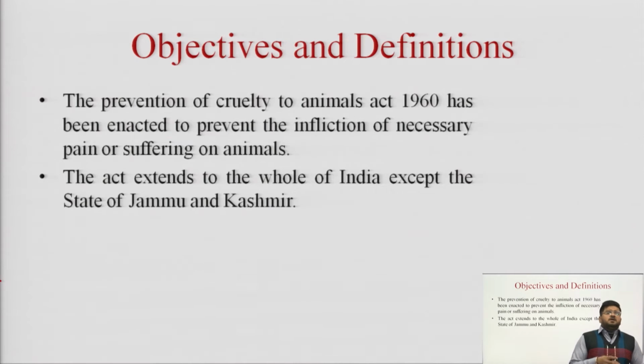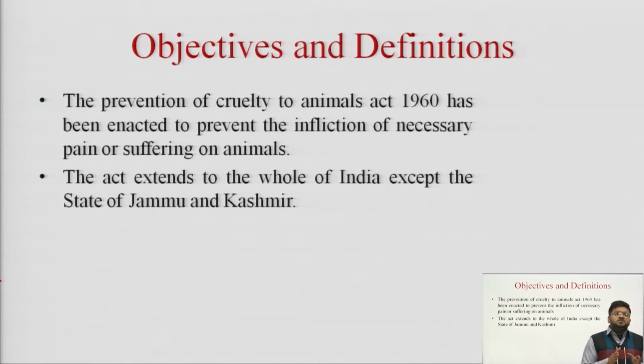So, this is the objective and definitions shown on this slide. Before starting the objective, there are many kinds of animals, like our pets or stray dogs. Because of increasing violence on animals, people intentionally hit animals and kill them without any purpose.